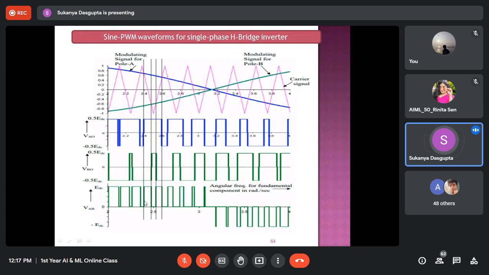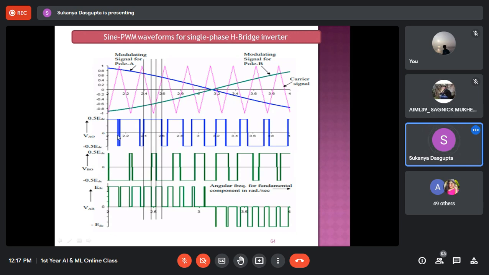The third and last graph is showing the line voltage graph. This is VAO, that means for phase A, between phase A and the neutral point O, and the third one is for phase B, between phase B and the neutral point, VBO, the phase voltage.